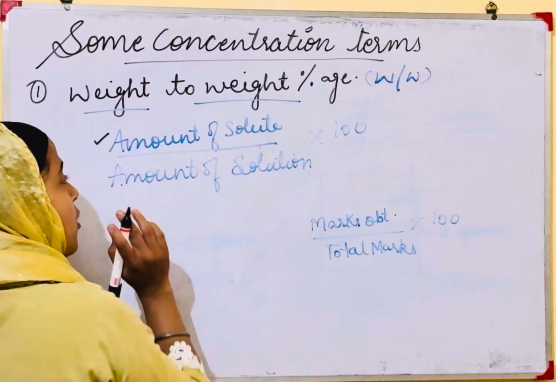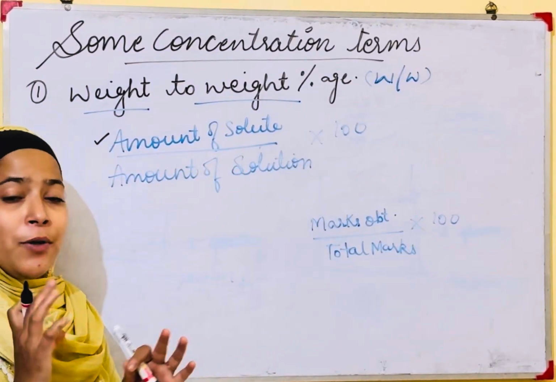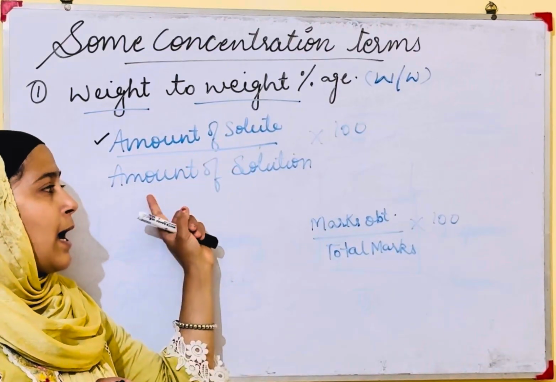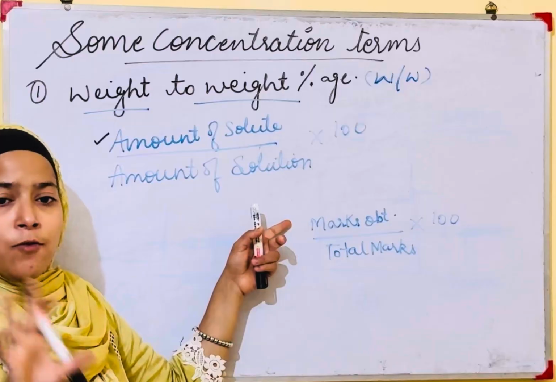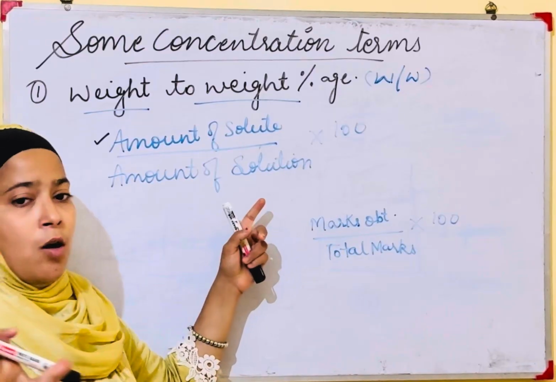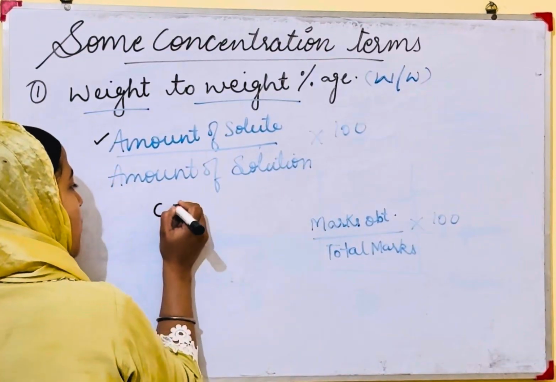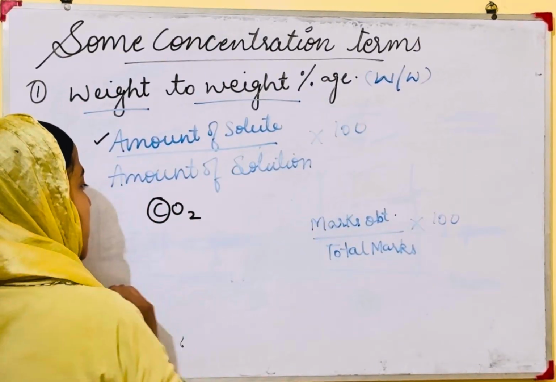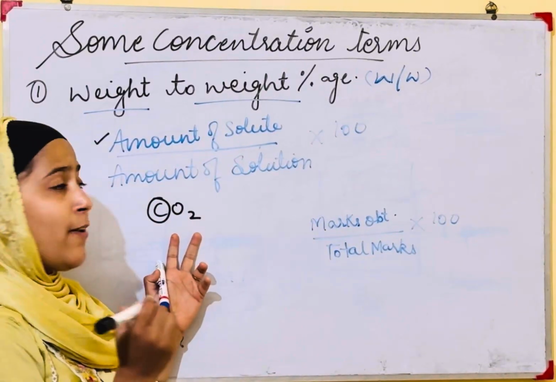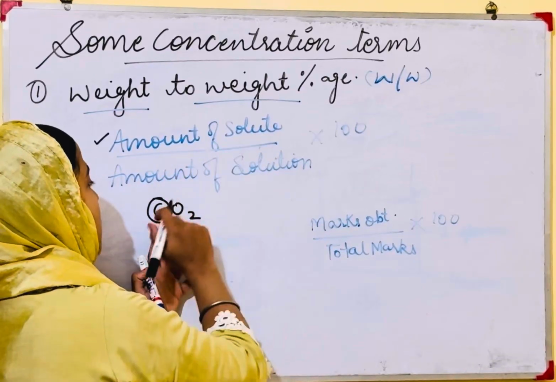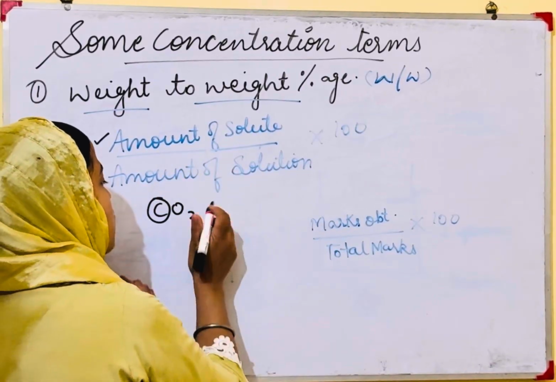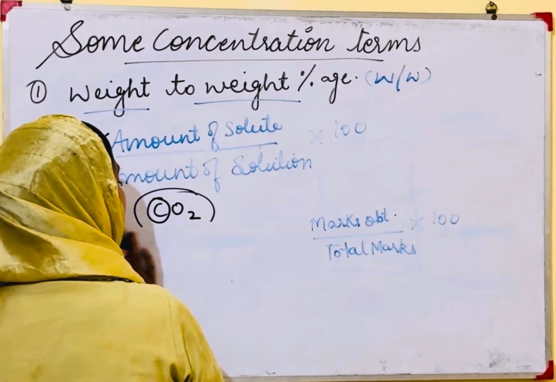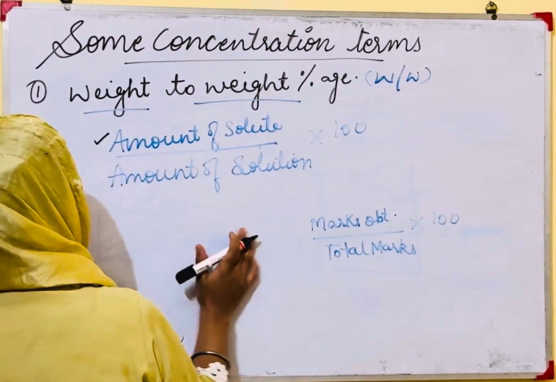The amount of solute which we want to calculate the weight for that component and total amount of solution whatever whole compound is given. For example, if we talk about CO2. If we want to calculate the weight of carbon in the CO2 molecule, what will happen? Amount of solute means amount of carbon, then amount of solution, this whole we consider. So this is the way to calculate the weight by weight percentage.